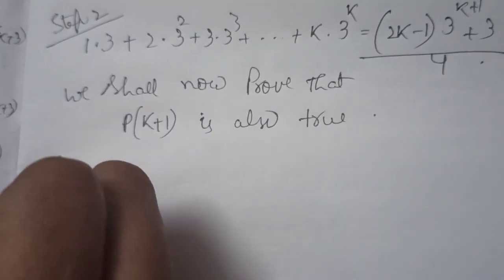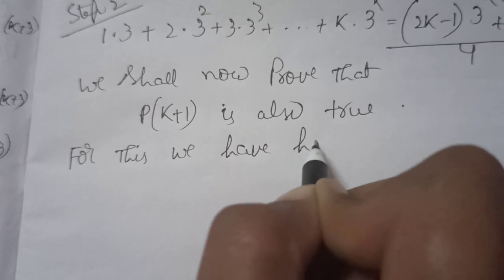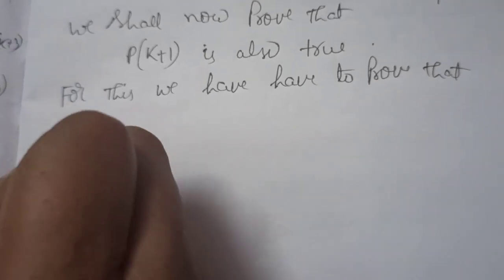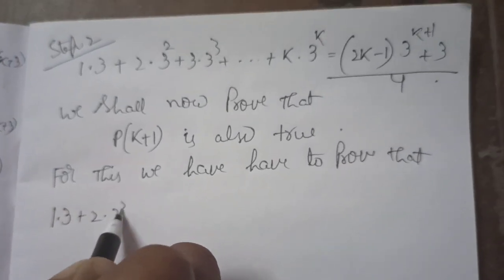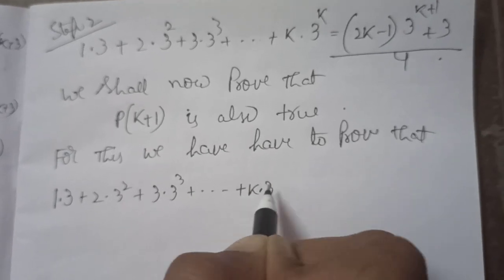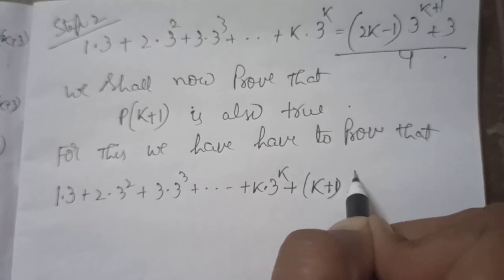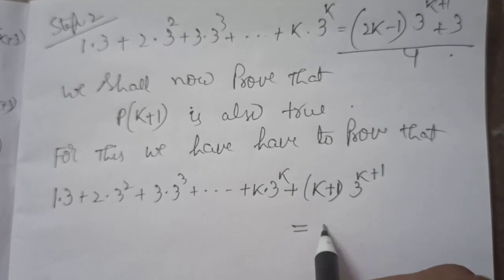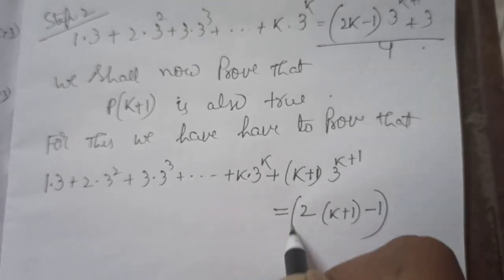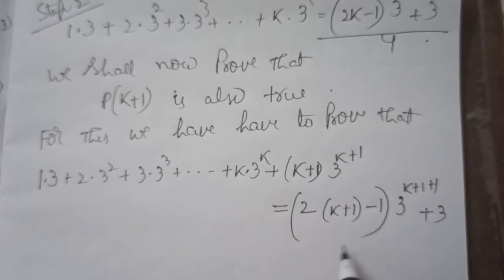For this, we have to prove that 1 into 3 plus 2 into 3 square plus 3 into 3 cube plus up to k into 3 to the power k plus (k+1) into 3 to the power (k+1), which is equal to ((2(k+1) minus 1) into 3 to the power (k+1+1) plus 3) by 4. This you want to prove.